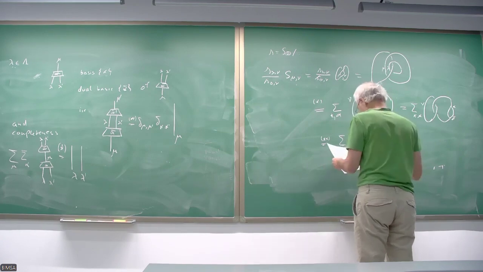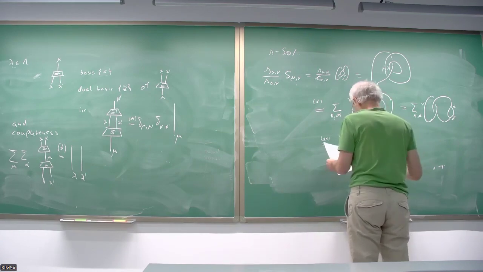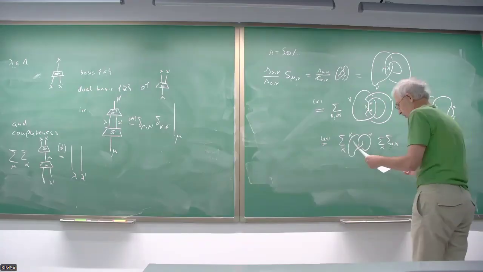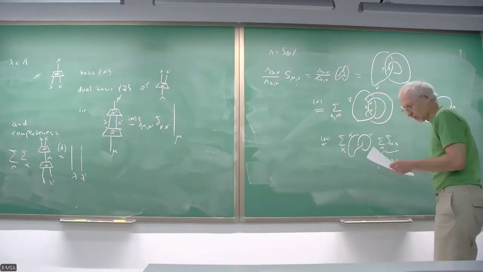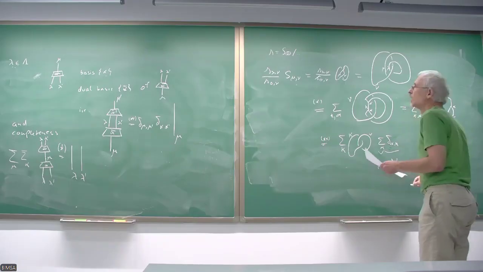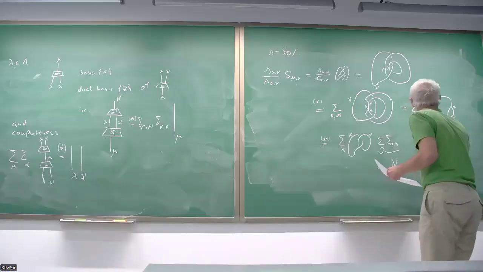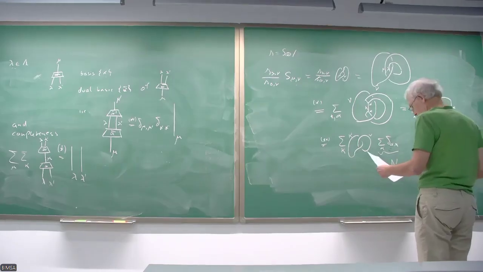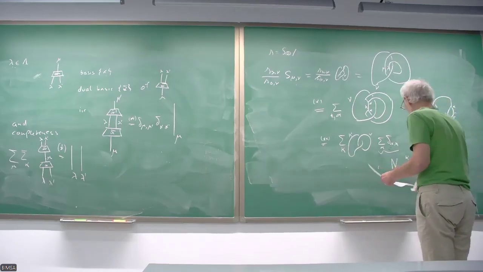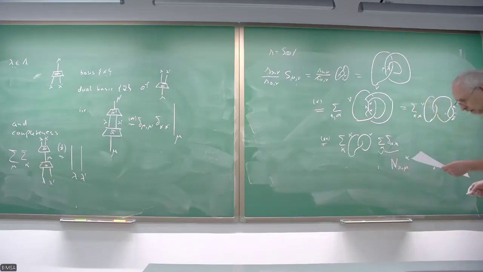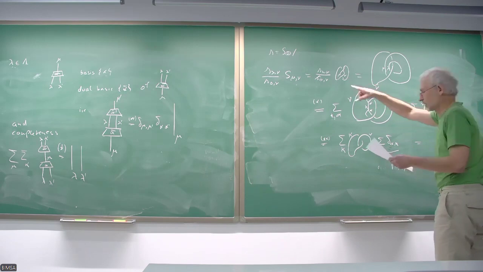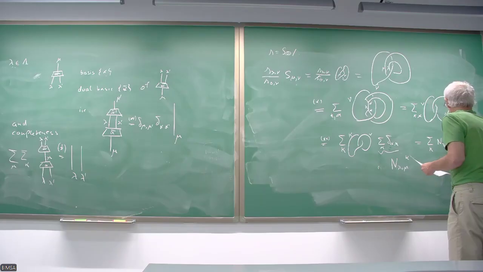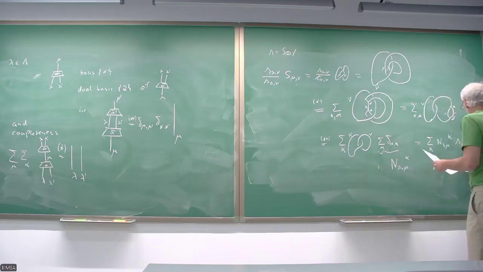I have kappa and mu, and then the sum over alpha of delta alpha alpha, which is nothing but what I have called the fusion coefficient N lambda mu kappa. So there's lambda and mu here in kappa. And that means that I can rewrite this as the sum over kappa of N lambda mu kappa S kappa nu.